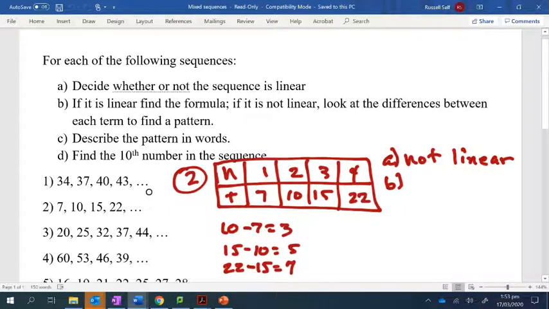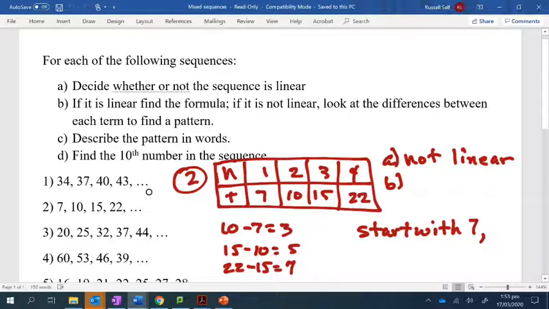So what we need to do then is describe the pattern in words. You're adding odd numbers in increasing consecutive order. But we need to know where the pattern begins, so I can tell someone so they could replicate this.